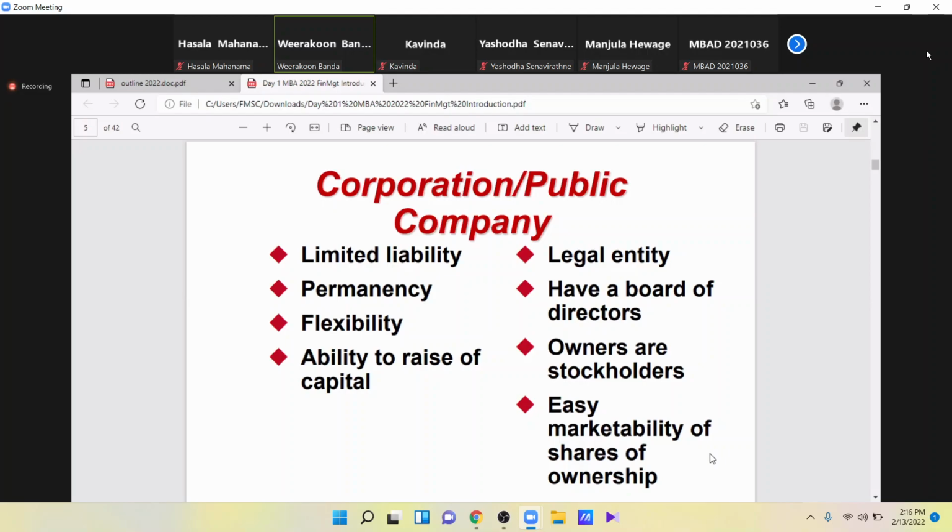One feature is limited liability. If you have purchased some shares of a company, then your liability is limited to what you have purchased, the share capital.